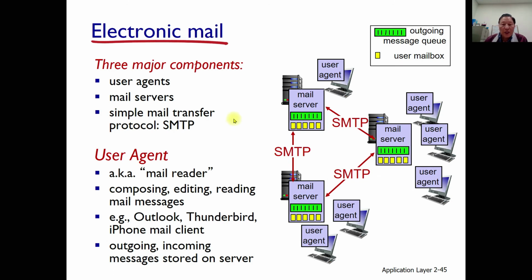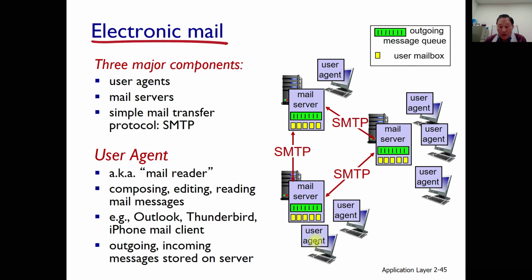Email, we are using almost every day, thus we are very familiar with this email. Thus let's look at some key points. Three major components to use email: user agent, mail server, and the Simple Mail Transfer Protocol. Here the user agent can be a software application program taking care of that email.